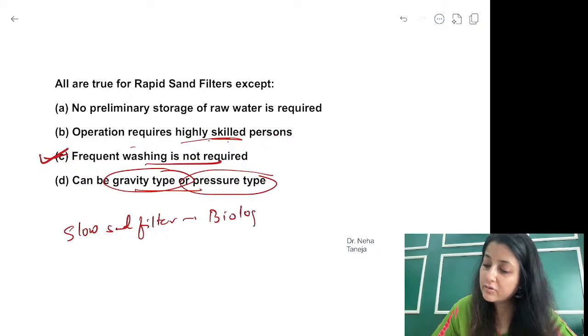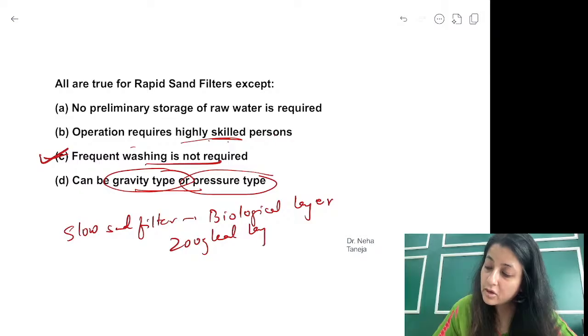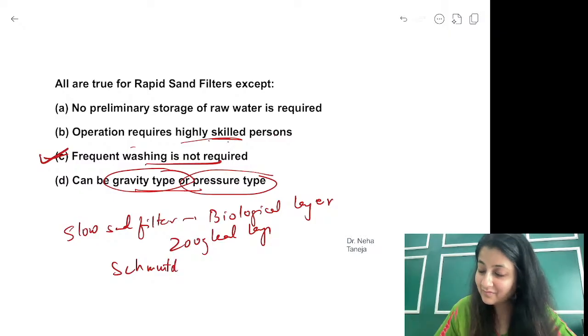What was that layer called? Biological layer. It is known as Zoogleal layer or Schmutzdecke layer. Schmutzdecke. Have you written?